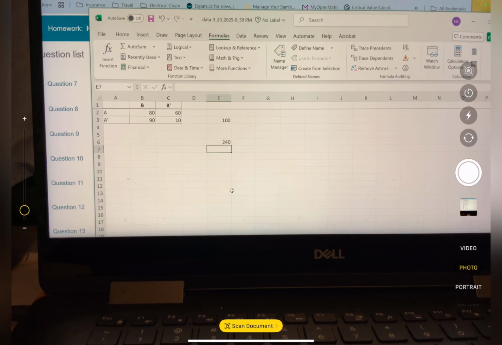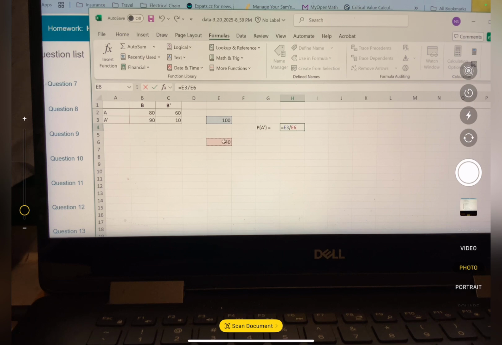So to find the probability of A prime, I need to take the probability of A prime, which is 100, and divide it by the grand total, which is 240.